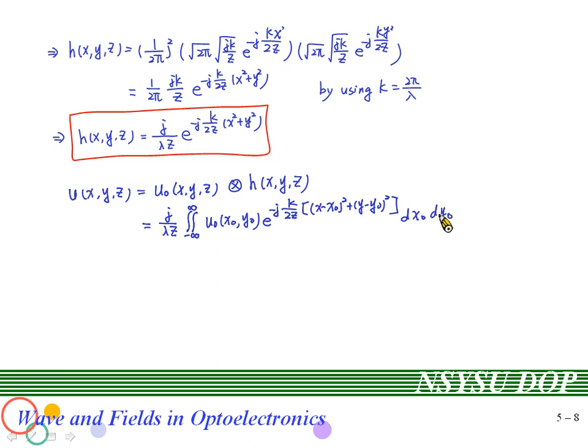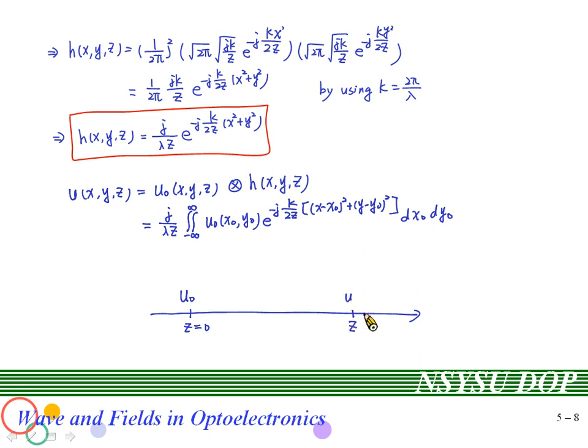Okay, let me summarize the process here. If at z is 0, at the initial point, you have known the initial amplitude u0, then you want to know the amplitude function at any point of z.